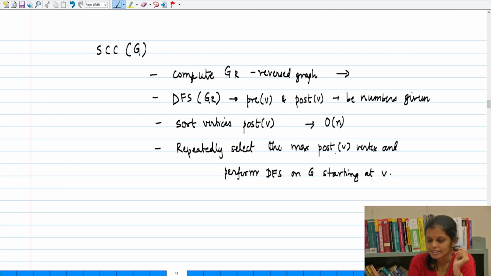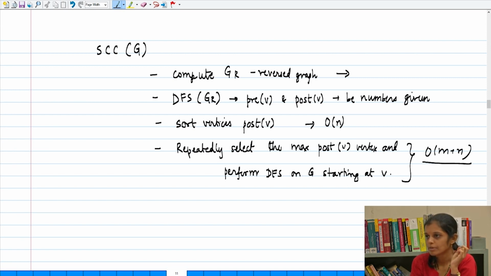And then repeatedly select the max post visit vertex v. This again is just by maintaining that in the sorted order, and performing DFS. This DFS is not on the whole graph, because you are now saying that DFS on G has been broken into smaller parts. So in fact this whole thing is going to take order m plus n time, right?